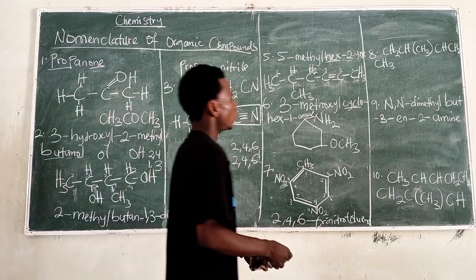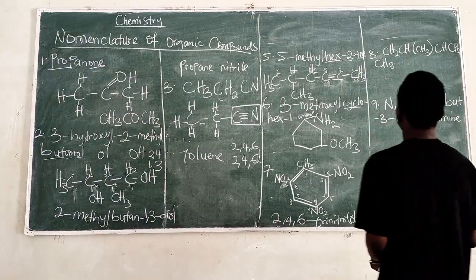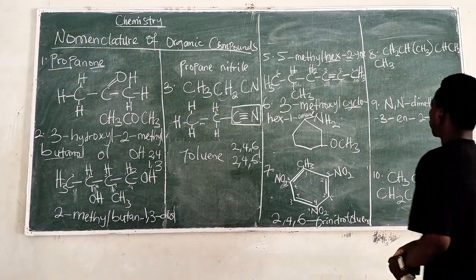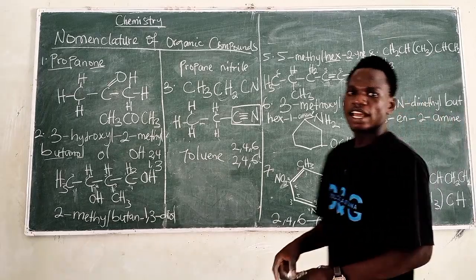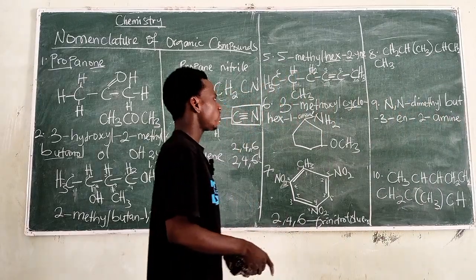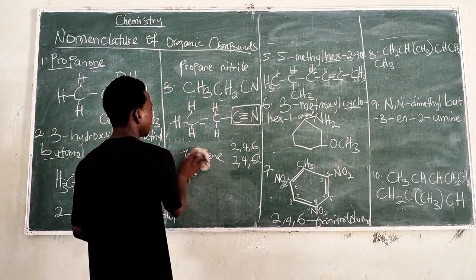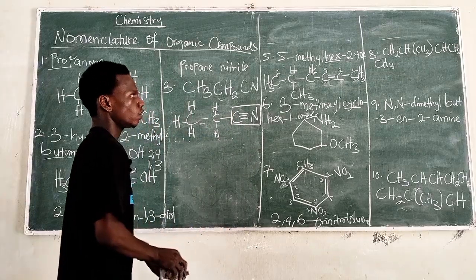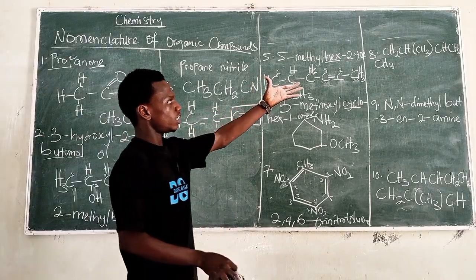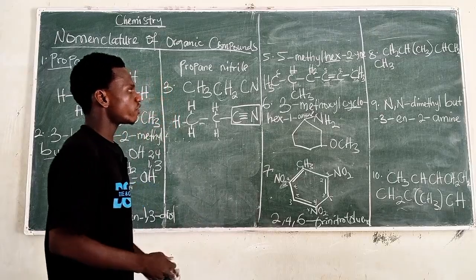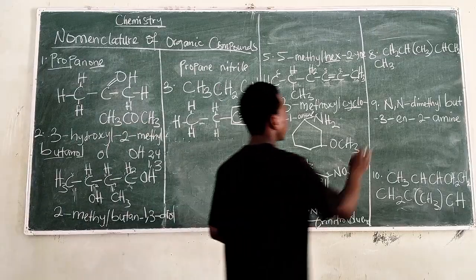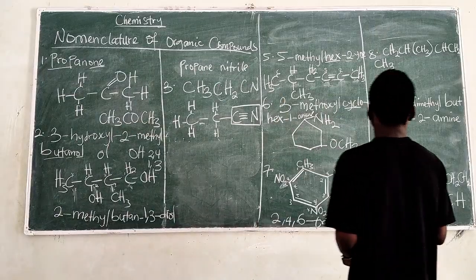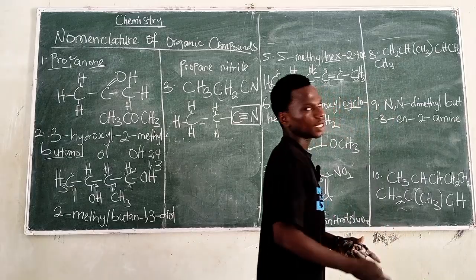So for number 8, we have a condensed structure given. Like I always say, if you have a structure given and you are having issues on how to name a condensed structure, first of all, split the structure into a simpler form for you to be able to name it.